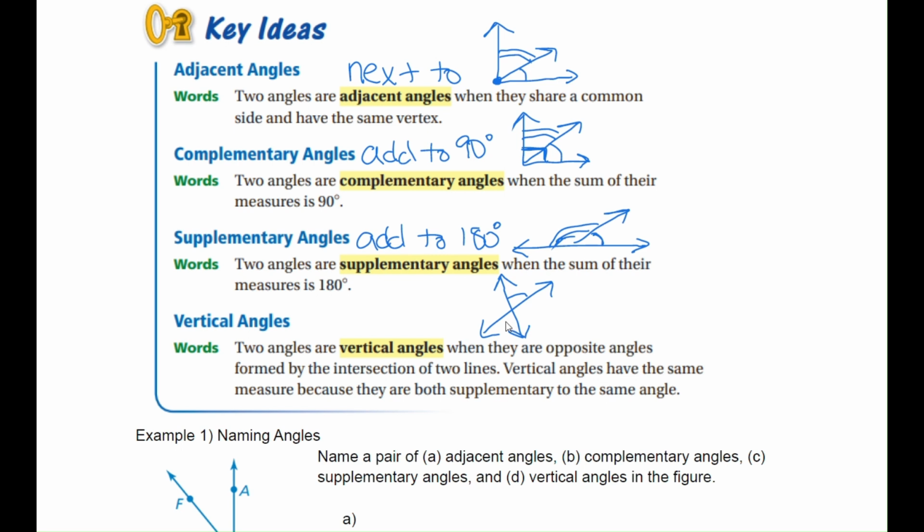So this angle and the angle right across from it are vertical angles. They have the same measure. That's how I remember it: you just reach right across. It has to be lines that intersect, and the angles have to be right across from each other.